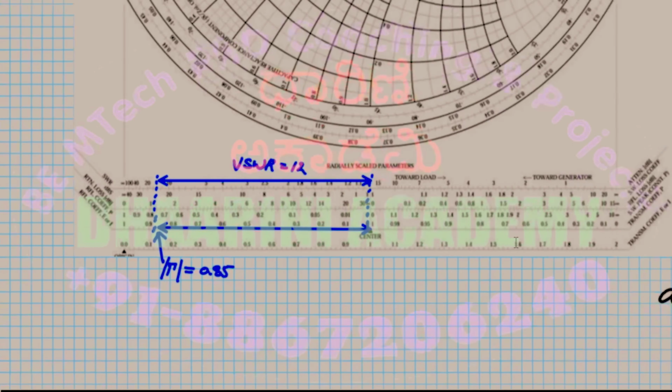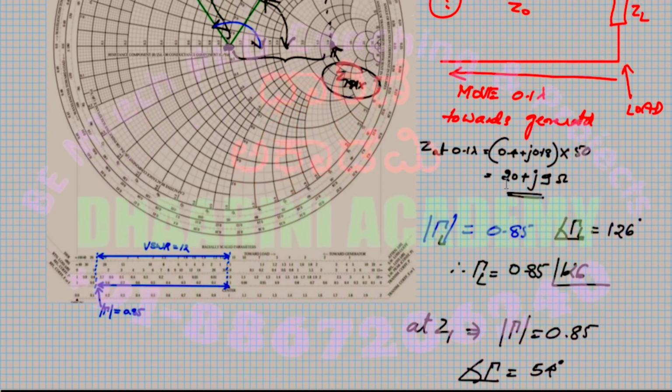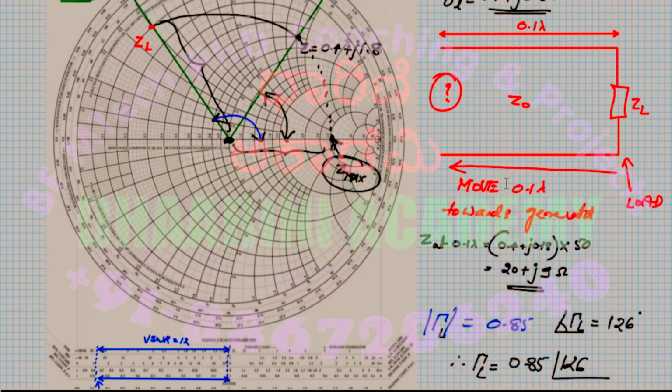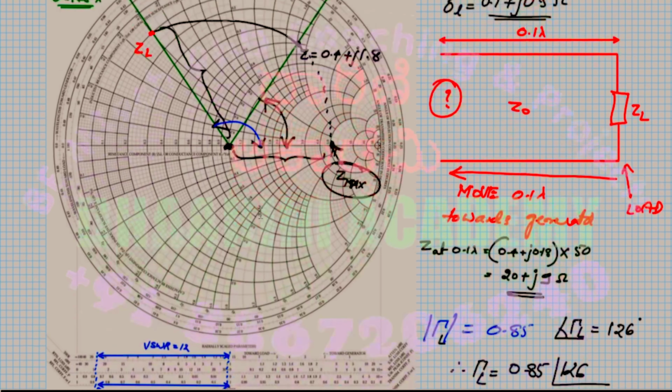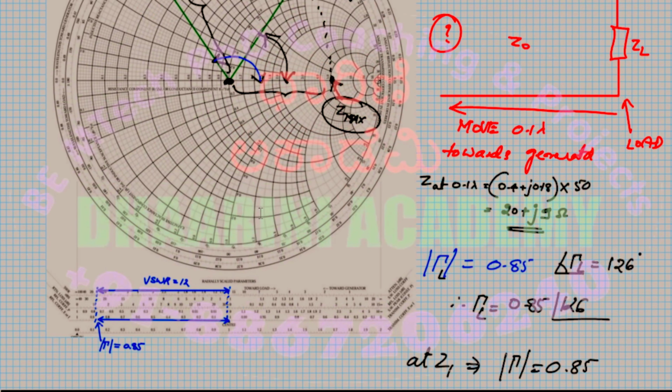E or I, in the sense that if you want to measure the reflection coefficient with respect to voltage or current, that's the one. If you want power, you will go to the one before that, P. Everything we have studied as of now is with respect to voltages or currents only. So we'll be using the first and the fourth scale most of the time.